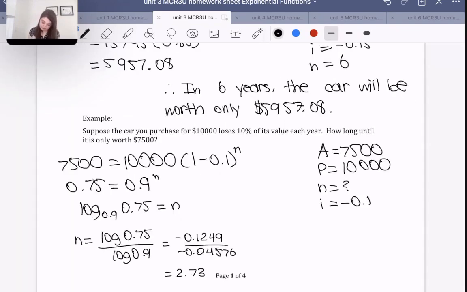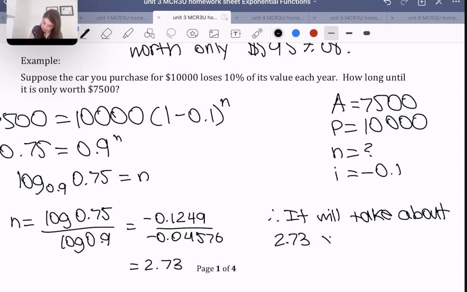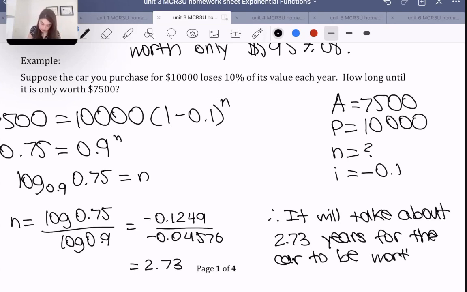So therefore, it will take about 2.73 years for the car to be worth only $7,500.